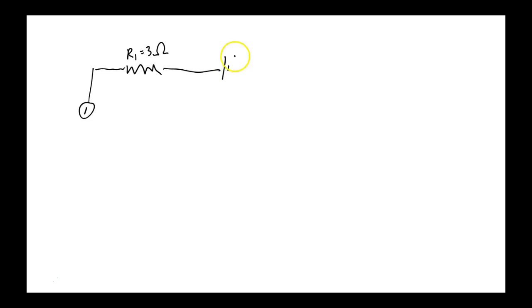I like to make mine a little bigger than they do in the book. Also leaving from your first junction is another resistor, and this will be named R2. R2 is 2 ohms. And it just goes over to your second junction.